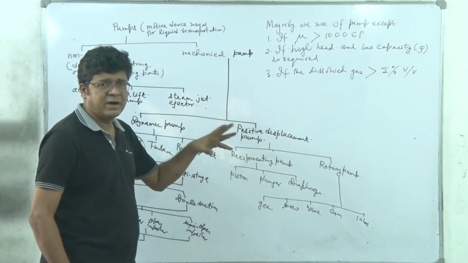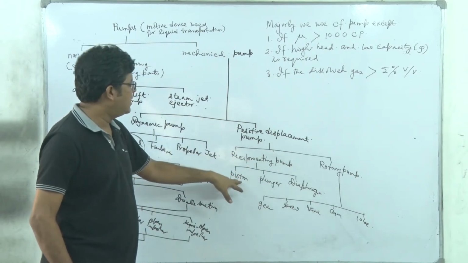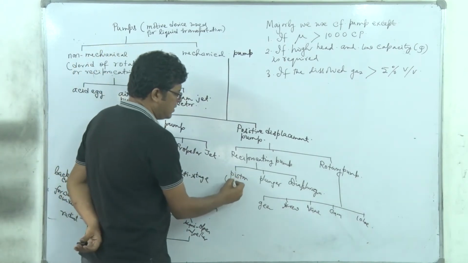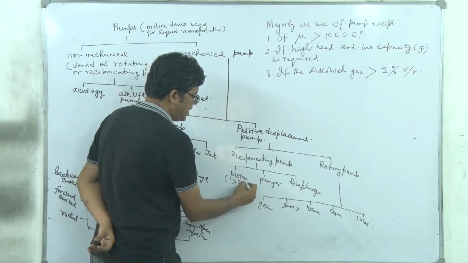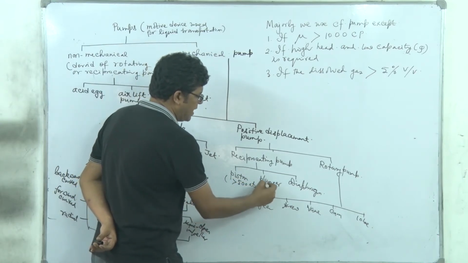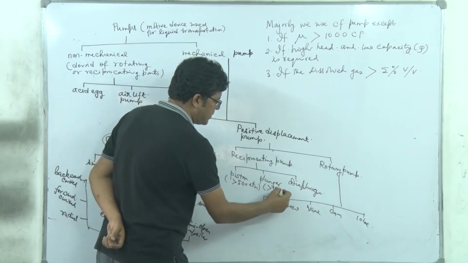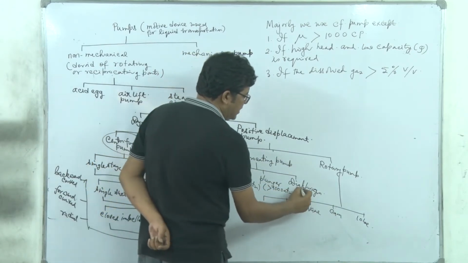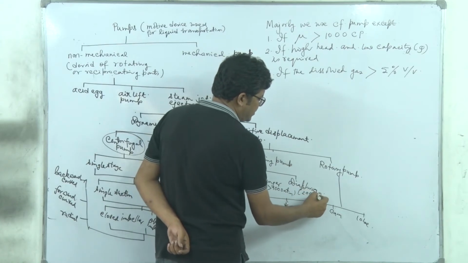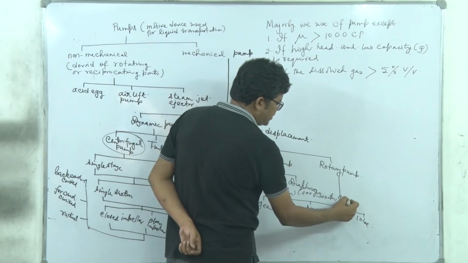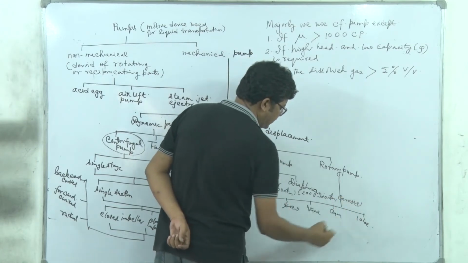Just for a very basic understanding, I am giving you an idea that piston pumps we will use where the pressure requirement is above 500 atmosphere. Plunger is for extreme pressure, greater than maybe 1000 atmosphere. And diaphragm operates at 200 to 300 atmosphere for corrosive liquid. Diaphragm pumps are made for corrosive liquid.